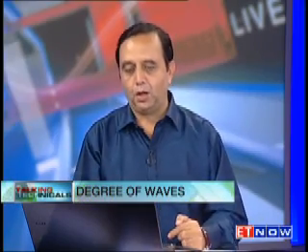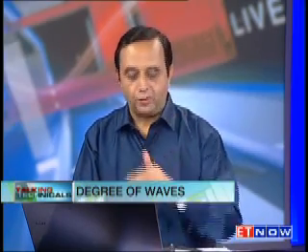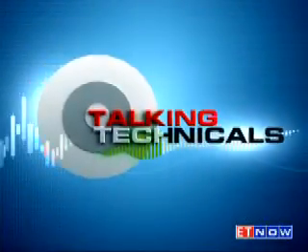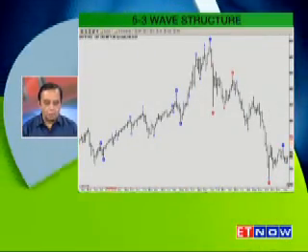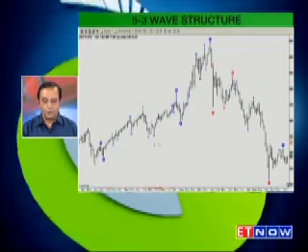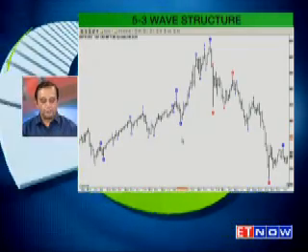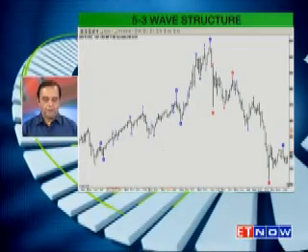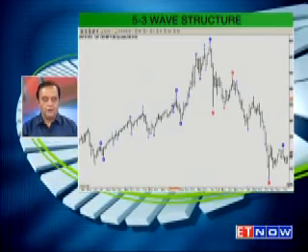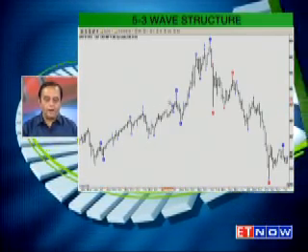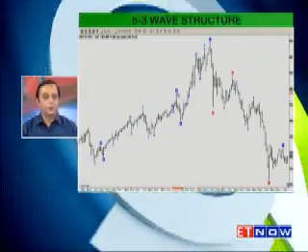And if we hark back to the same chart that I had shown you earlier, where I had marked 1, 2, 3, 4, 5 and A, B, and C. Now I'm showing you exactly the same chart, but now you have all these smaller markings, right? You have this 1, 2, 3, 4, 5, which is put into some sort of a blue circle, and then you have these numbers 1, 2, 3, 4, and 5, which are part of the wave which we are now marking as being the wave 3.